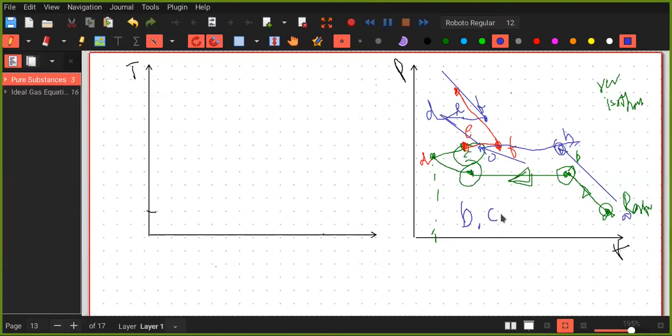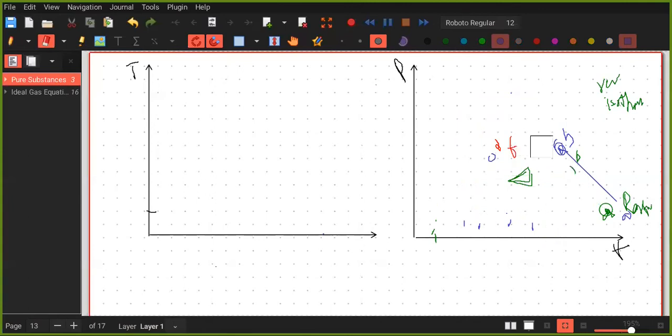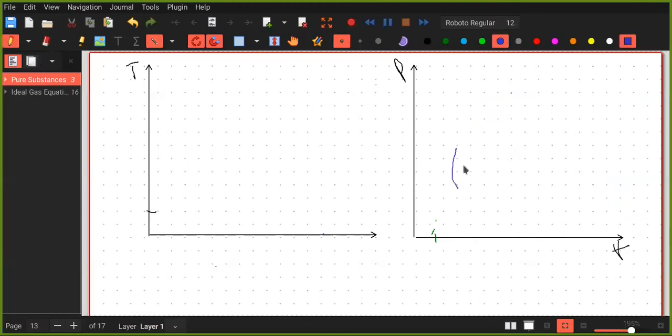the point where we have the saturated liquid, point E where we have the saturated subcooled liquid, point F where we have the saturated solid. If we join these points, we'll get a curve that looks like this. Almost similar curve.